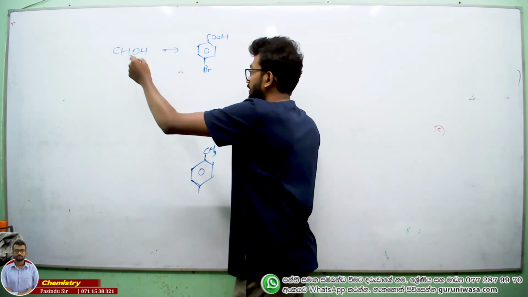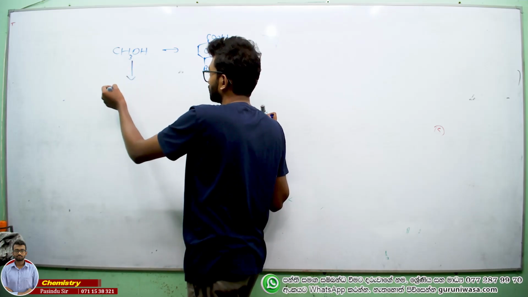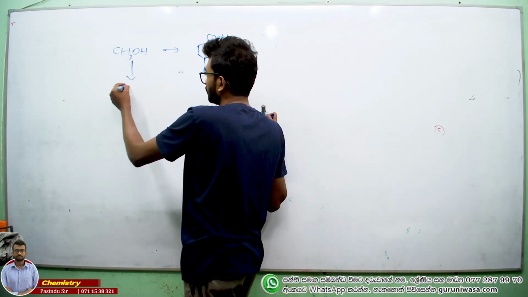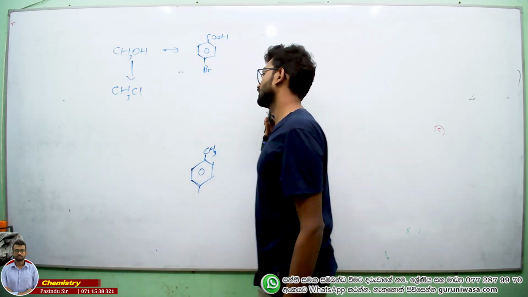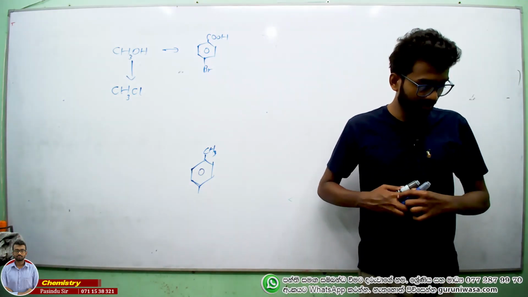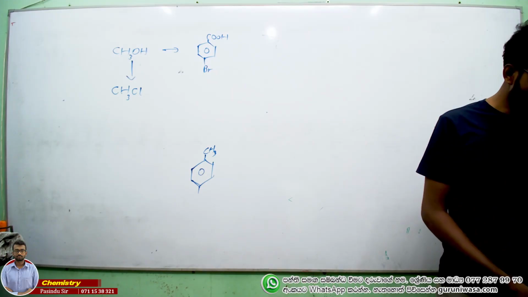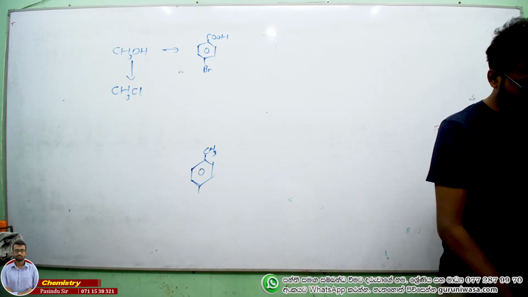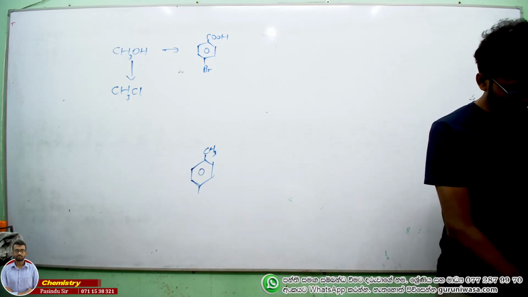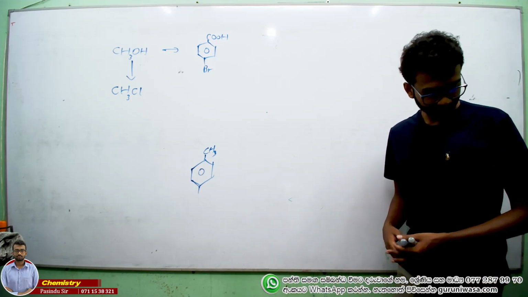So I have to convert this OH group into Cl, right? This OH group into Cl by adding what? By adding PCl3 or PCl5. Right.